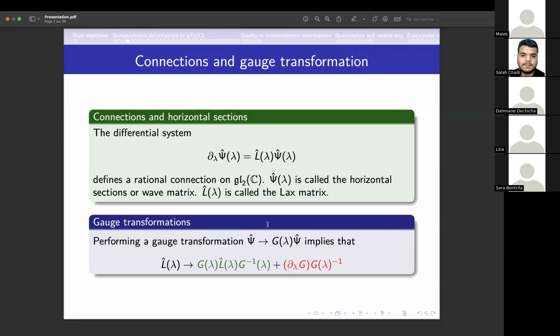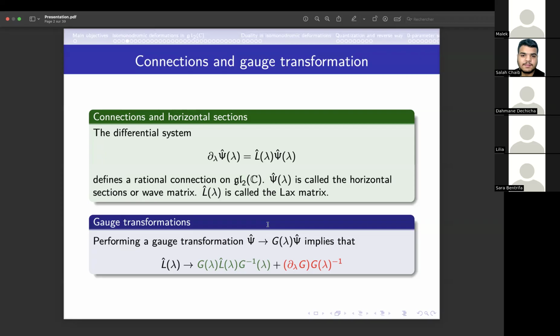The quotient action of the reductive group can be seen because if I consider a gauge transformation, a gauge matrix G of lambda, that would change the horizontal section, I could get another solution which is similar to the solution that I had before.